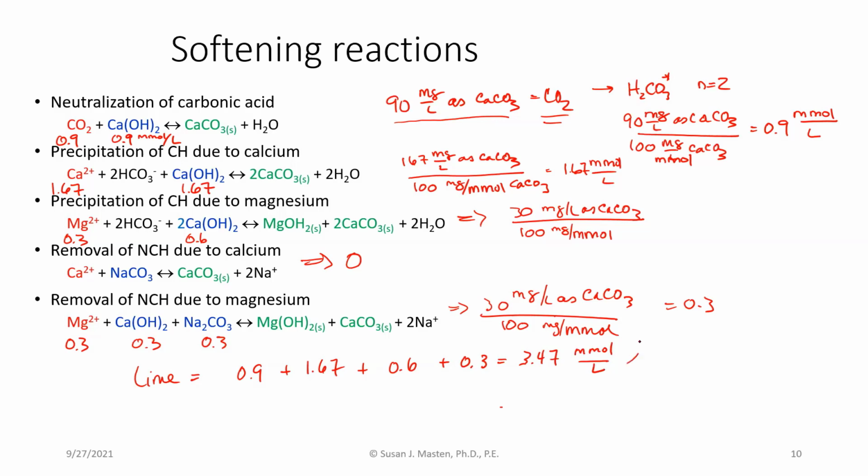That's how much lime we need. The soda ash is equal to 0.3 millimoles per liter. Then to calculate the mass per day, we would multiply this value by the molecular weight of calcium oxide times the flow treated, but remember, that's going to be (1 minus X) times Q.